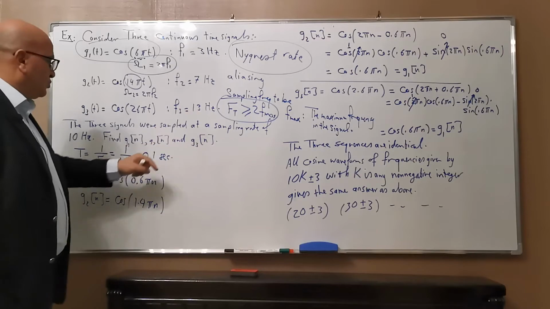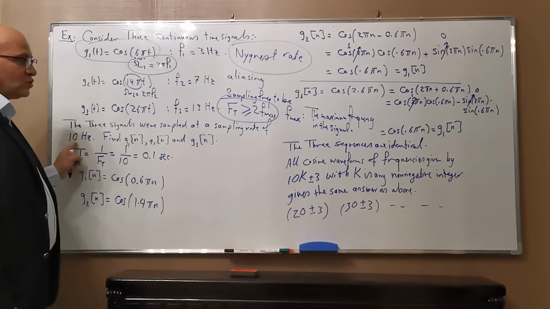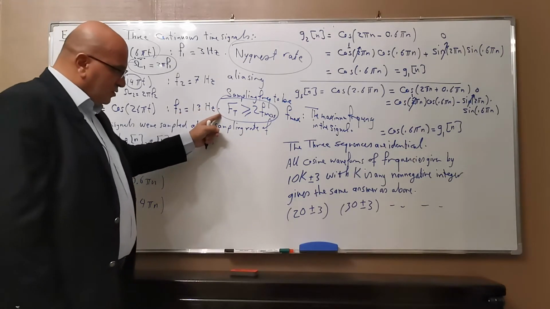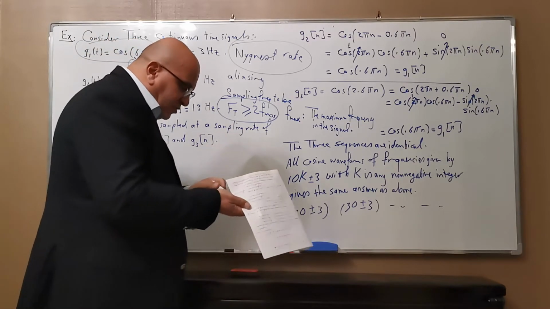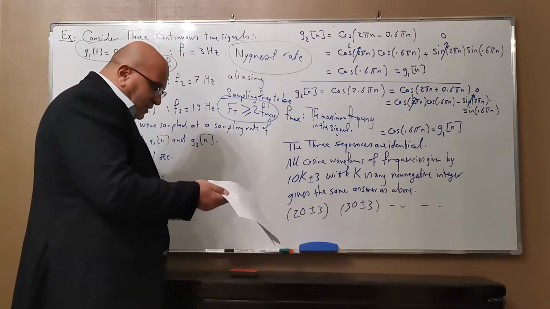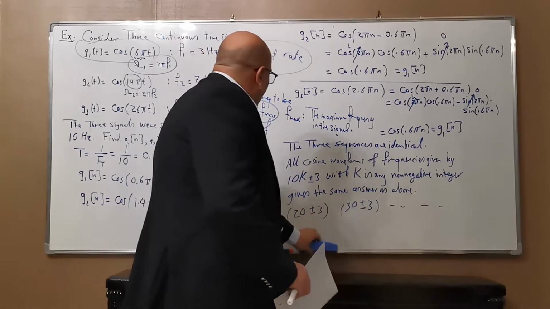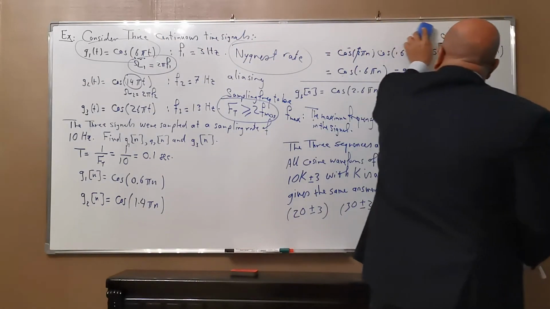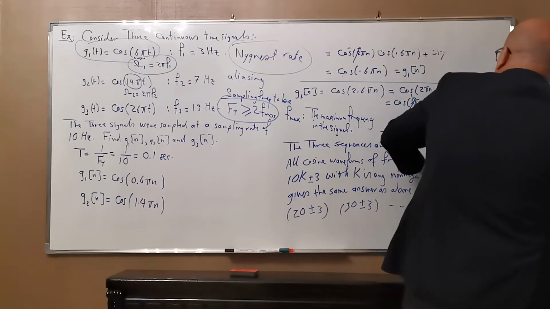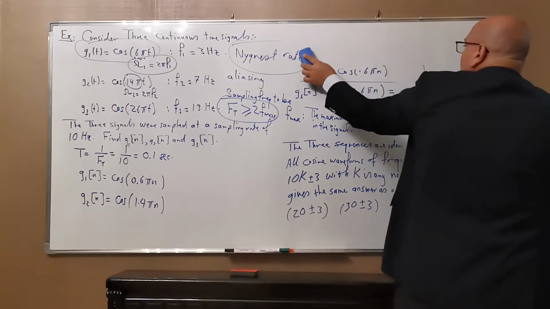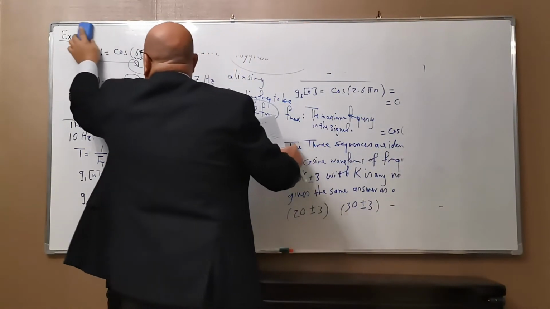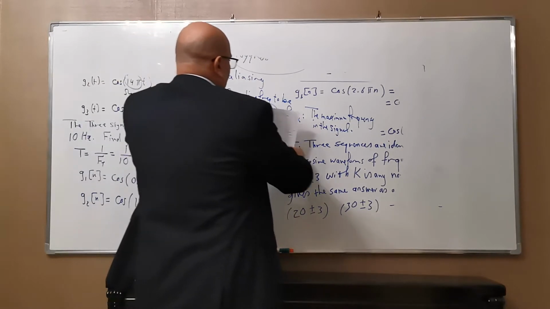And 13 times 2 is 26, which is also greater than this one, so aliasing will happen. Okay, let's see this from a frequency perspective. Let me erase this and come back to the signals and do the spectrums of the discrete time sequences.